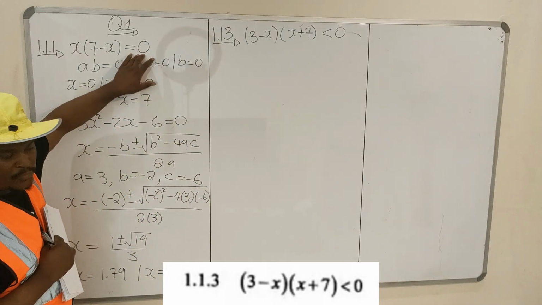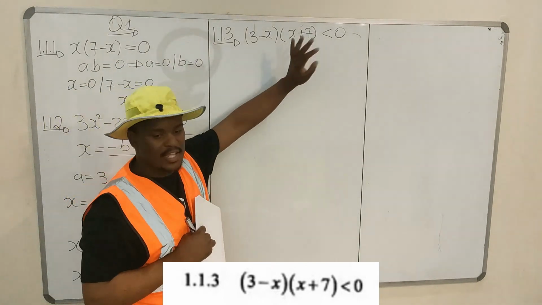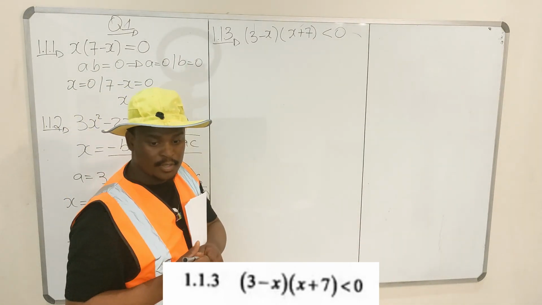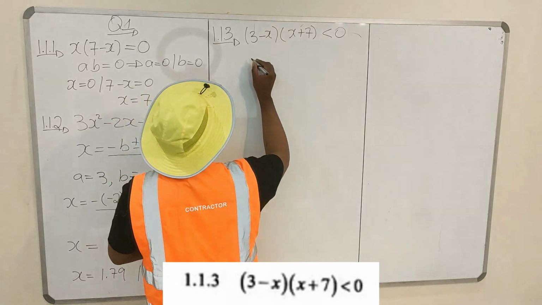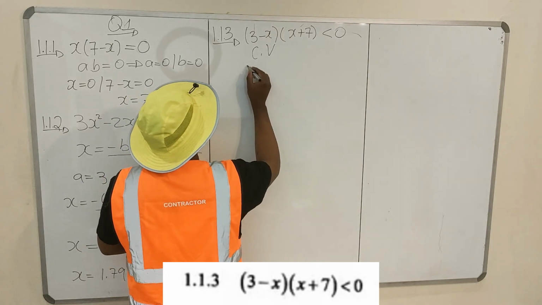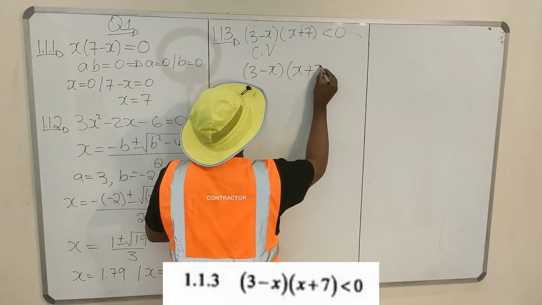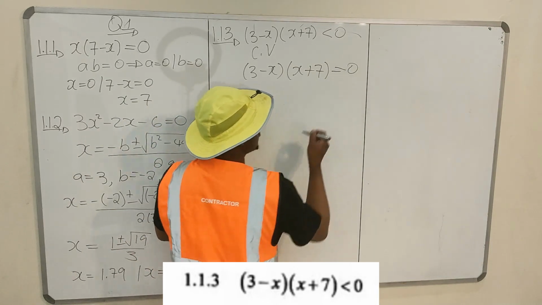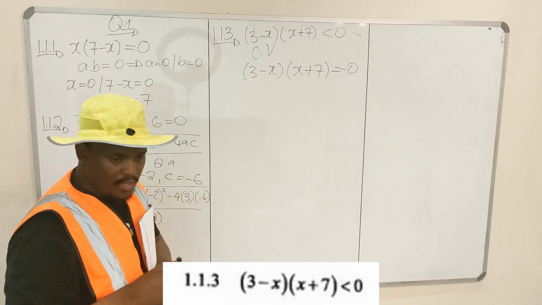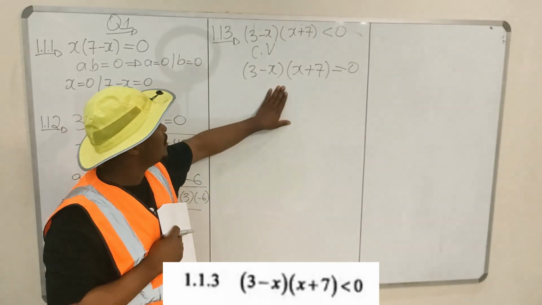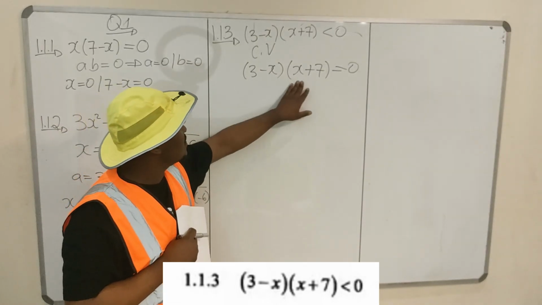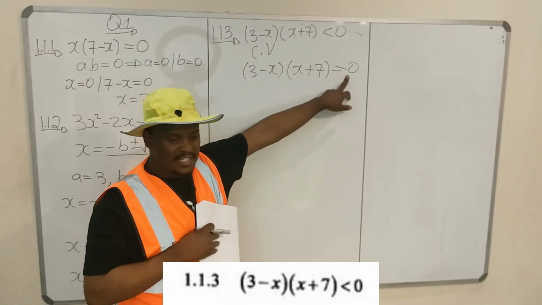You want it to be less than 0, so you can go and find your critical values. You have 3 minus x and x plus 7 equal to 0.